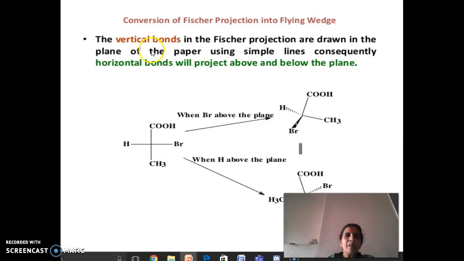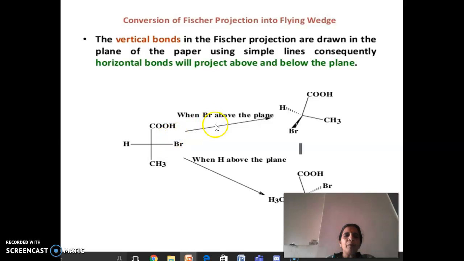And in case of the Fischer projection, the vertical bonds in the Fischer projection are drawn in the plane of the paper using simple lines. Consequently, the horizontal bonds will project above and below the plane. So here the groups which are towards the viewer and away from the viewer are shown by dotted lines, which are from the horizontal bonds which are below and above the plane.